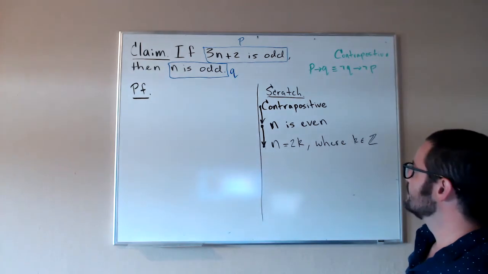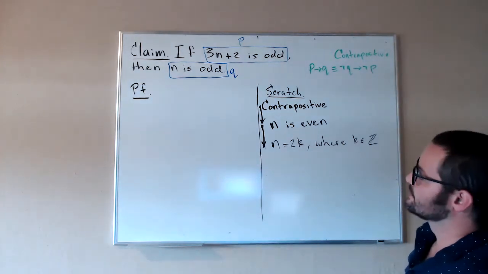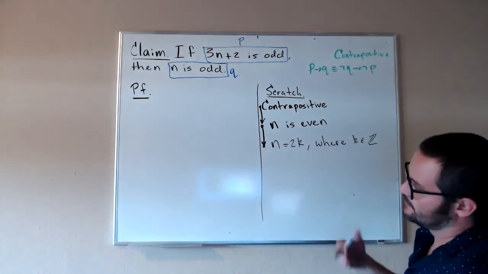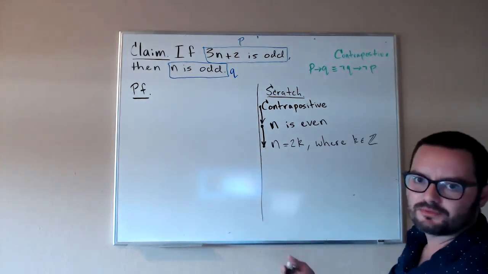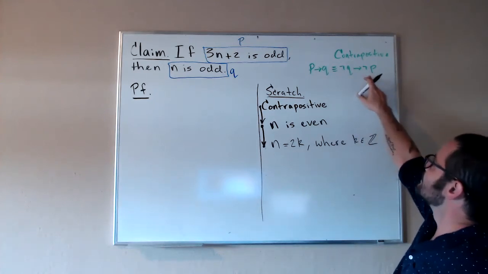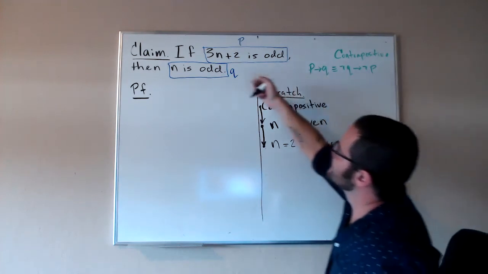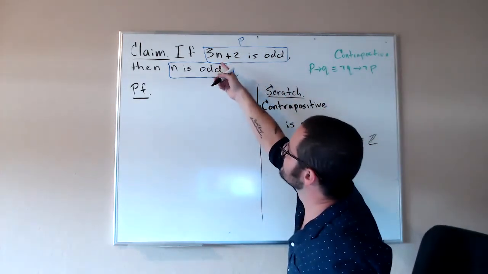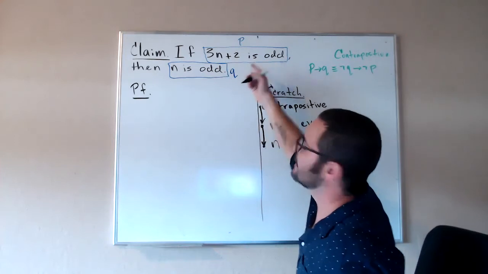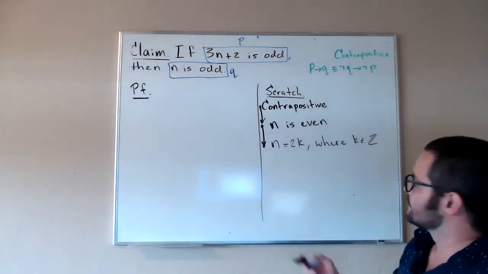Now, again, as before in my previous lectures, we do a little bit of algebra to get where we want. Well, where do we want to be? We want to show that the negation of the hypothesis is true. Here, the hypothesis is 3n plus 2 is odd, so we want to look at the negation of that.